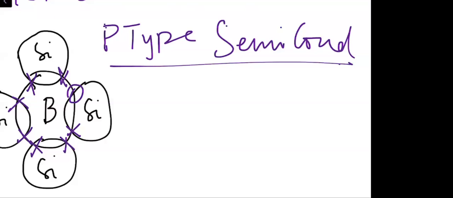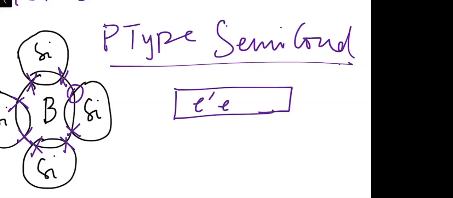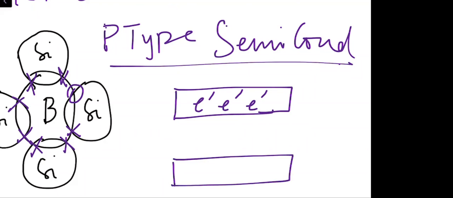In the P-type semiconductor, we have plenty of holes created due to the addition of trivalent impurity, and a few holes due to electron-hole pair creation, right?